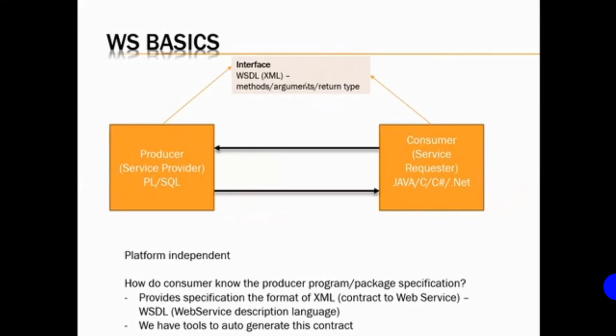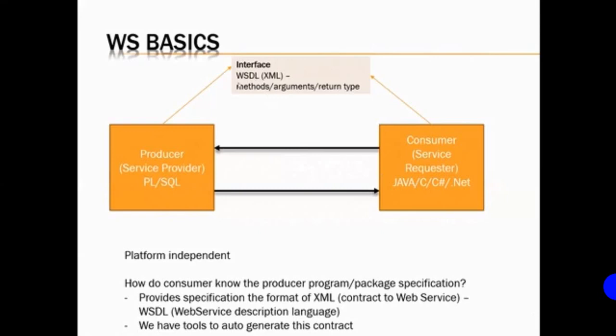So WSDL is a very important thing, and whenever you want to work on web services, the first thing you have to know is what the WSDL, the Web Service Description Language, is. Without knowing the WSDL, you can't write the web service program.